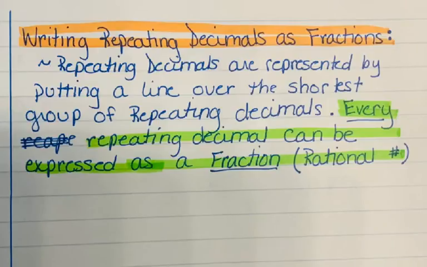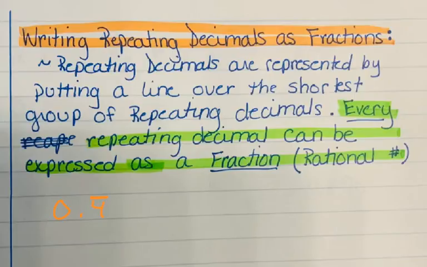Okay. Well, we have to understand that a repeating decimal is represented by putting a line over the shortest group of repeating decimals. Okay, so if I have 0.4 repeating, I'm only going to put a line over the first 4 and not the others.